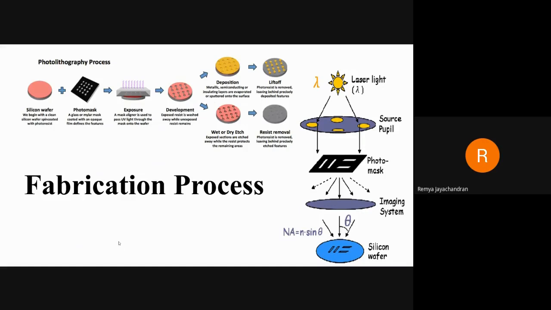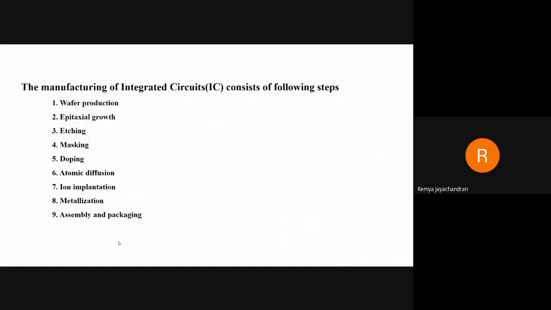Now we'll see the different fabrication steps involved in developing this device. These are the main steps followed in integrated circuit manufacture. The first one is wafer production, that is the silicon wafers. Silicon is abundant in nature in the form of sand, that is silicon dioxide. From that, it has to undergo a lot of processes, and we have to attain single crystal silicon of high purity.